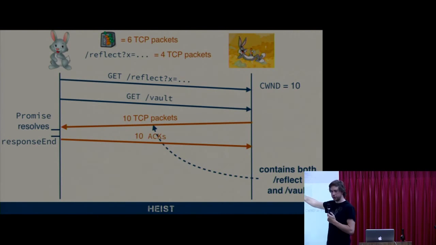But you need to know the size of this one. So this is 4 TCP packets, and this one is 60 TCP packets. You send a request to both. That's over the same TCP connection, and then the response is also sent over the same TCP connection. And the first actually kind of manipulates the length of the response, right? Yeah, indeed.